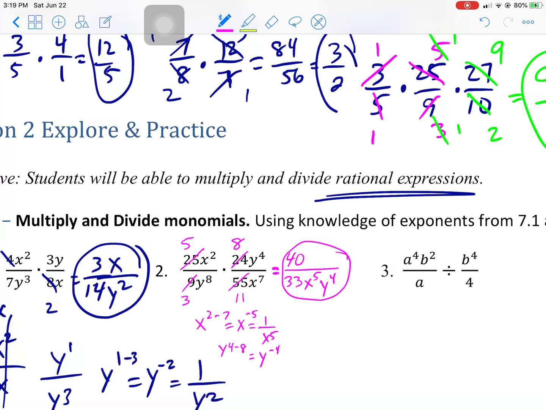How about this one over here? Let's see, keep, change, flip. So keep. I could reduce this one though, as it sits here. Change. Okay, keep, change, flip. And this is A. I got 4 A's on top.